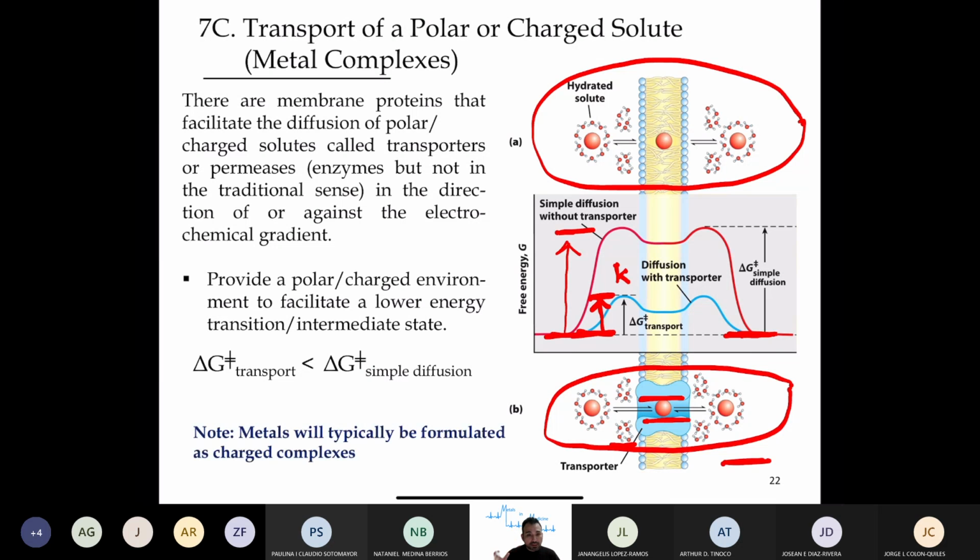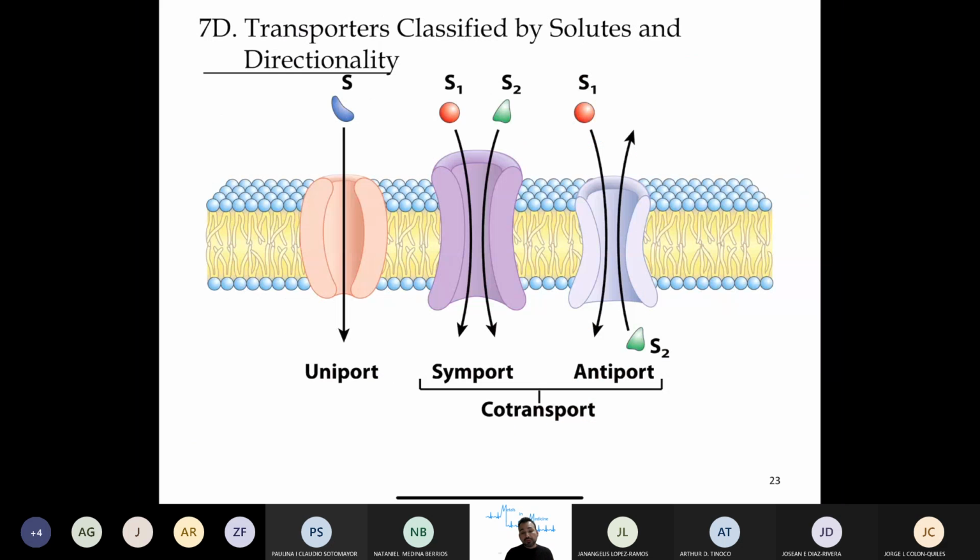So again, thinking about metal complexes, here we have to think about the idea of them being charged, and even if they're not necessarily charged, you still have an environment that should facilitate their movement. Now, when we're talking about these types of transporters in a very general context, you can look at them from the context of whether it's a transporter for the movement of a single thing, or a transporter that's coupled with the movement of another solute.